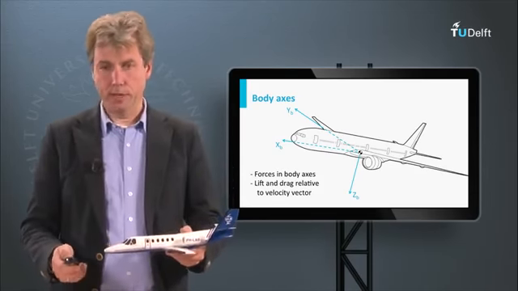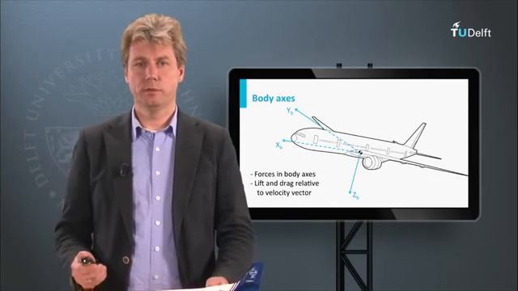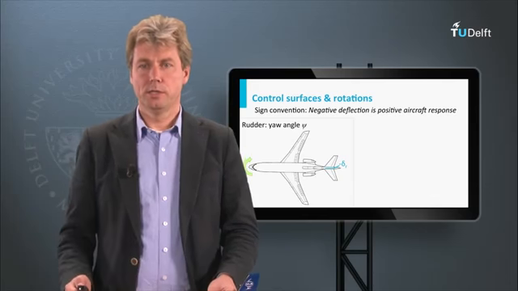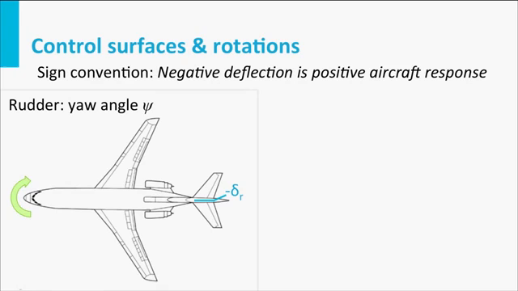Well, if we look at the symbols that we use for these movements, then here we see the rudder causing the yaw angle, psi. And you also see the sign here. If it's extended to the starboard side, it has a negative sign, but it results in a positive yawing angle psi.